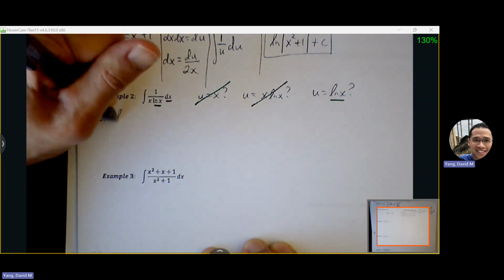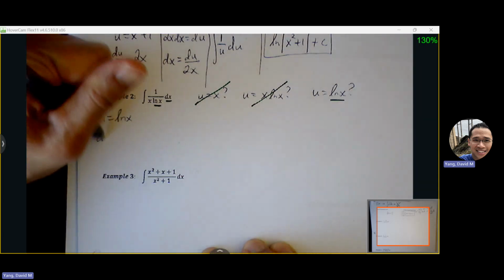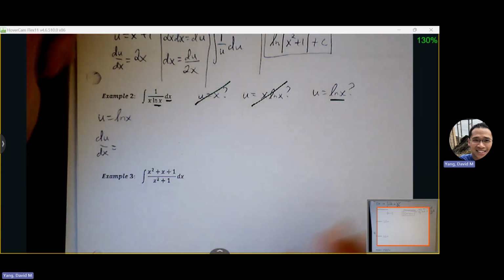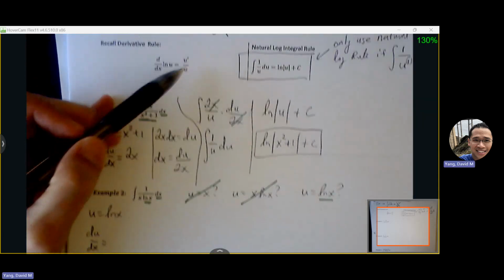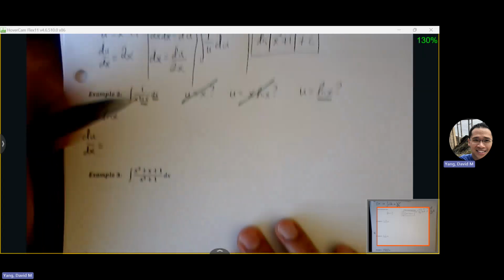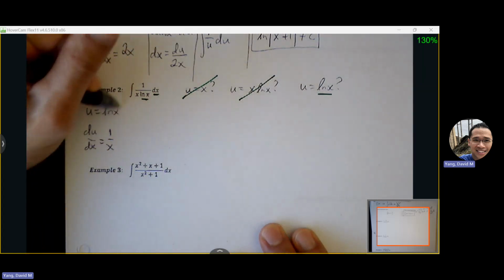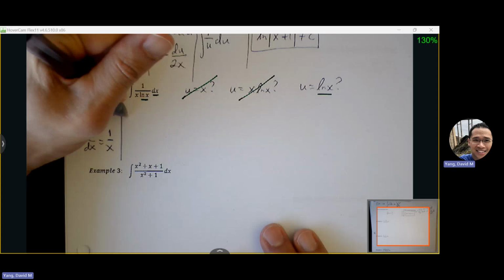So here, our natural log of x is our u, and we need du over dx. First semester, our natural log of u's derivative is u prime over u, so 1 over x. Cross multiply.